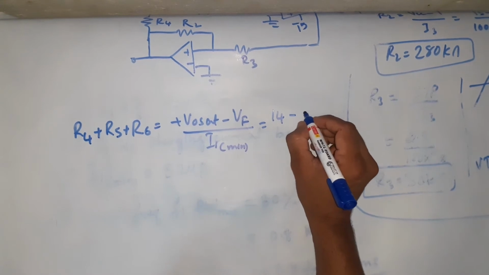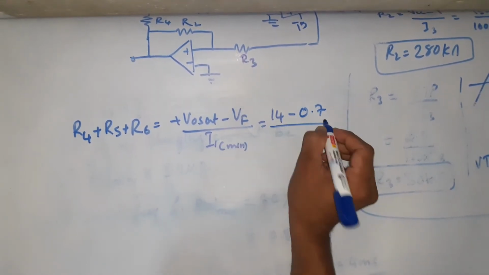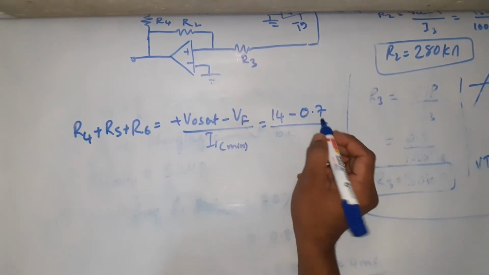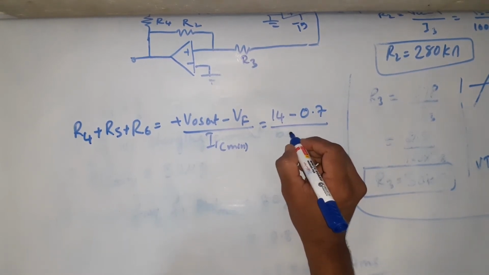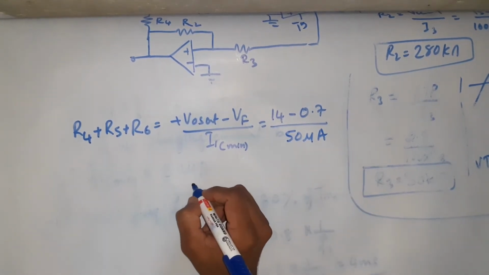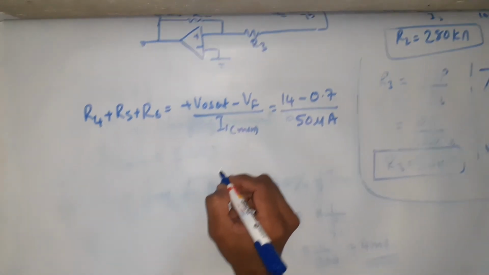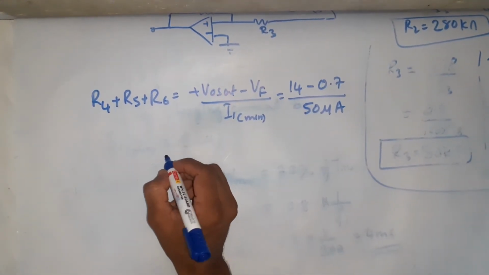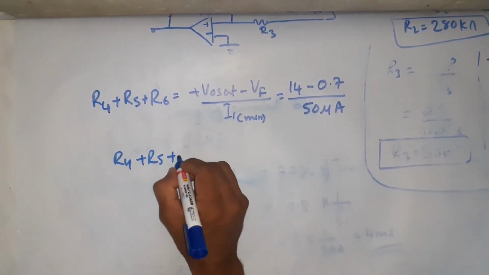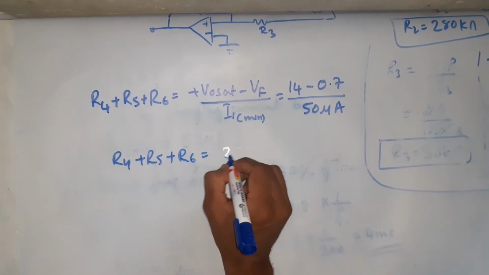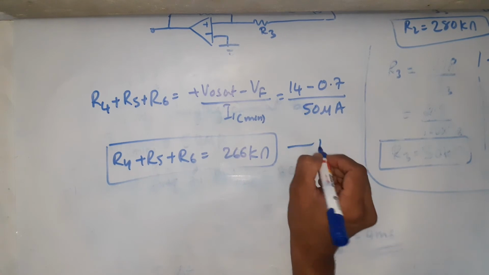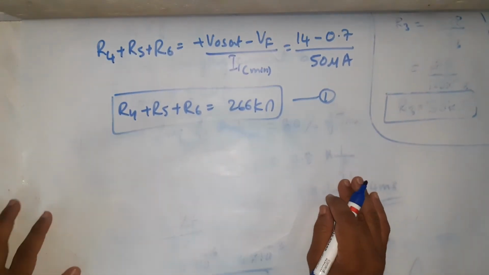So 14 minus VF, we can take 0.7 volts, the forward bias voltage for the diode. You know how we get 0.7. Then our I1 minimum is 50 microamperes, which is nothing but 100 times IB max. So we get R4 plus R5 plus R6 equal to 266 kilo ohm. Let this be your equation 1.